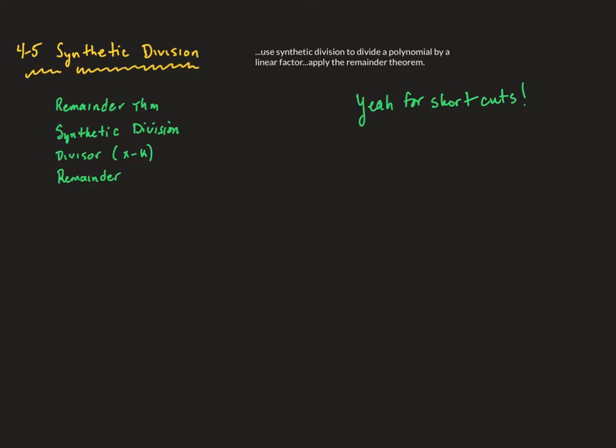But for this purpose, we're going to make sure that in this lesson we're using synthetic division, and then after that, you can use whichever method you like, but I think you'll probably find that you like the synthetic method better because it genuinely is going to be easier or quicker.